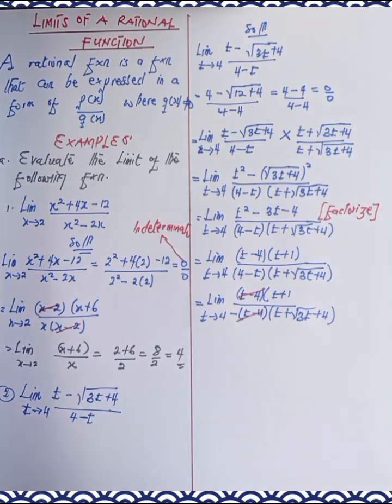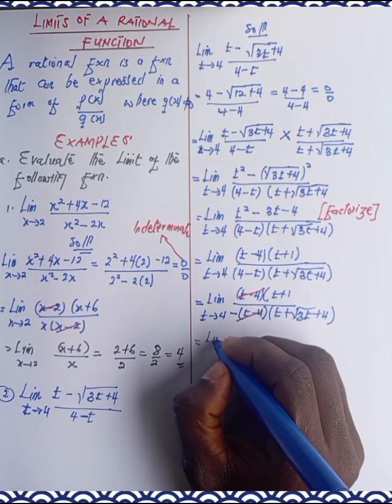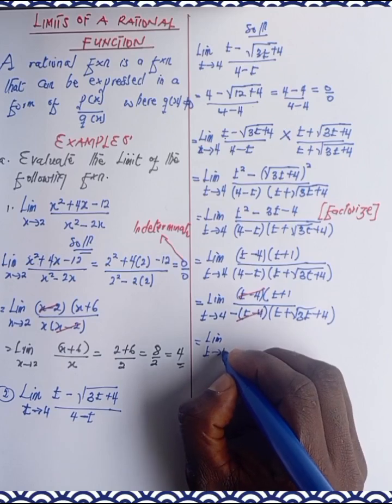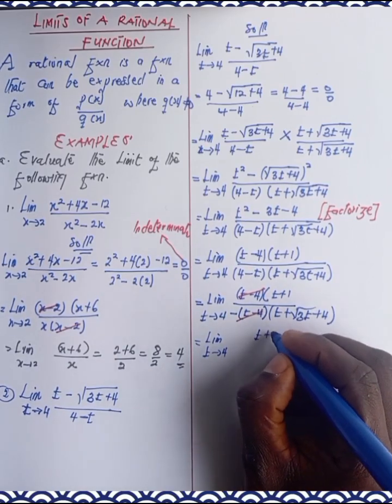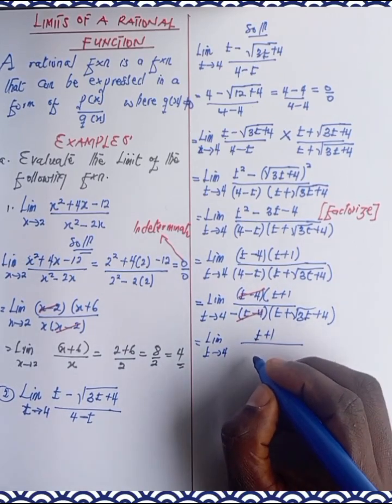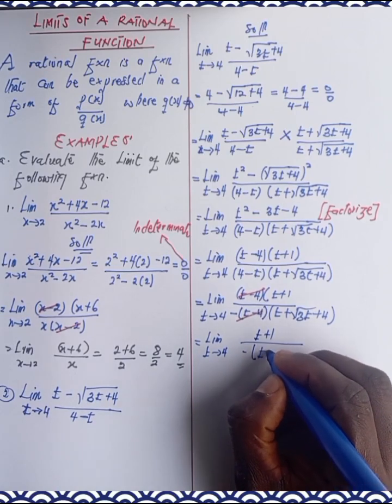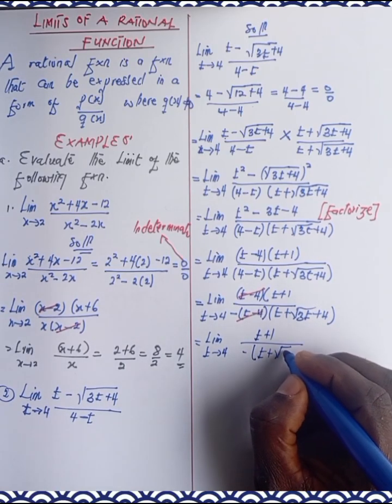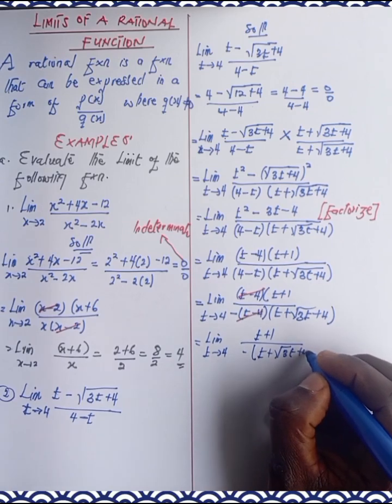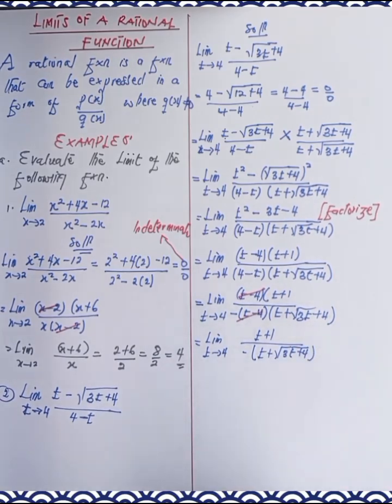Now we are having the limit as t approaches 4 of (t plus 1) all over minus (t plus root of 3t plus 4). So from here you can take the limit, because when you take the limit we are not going to get 0 over 0.